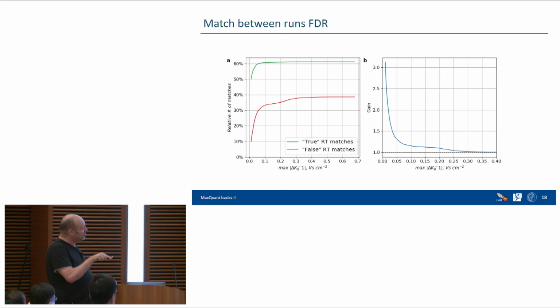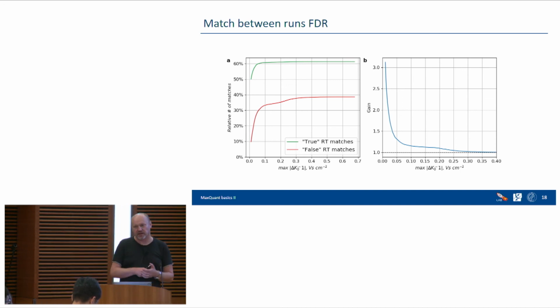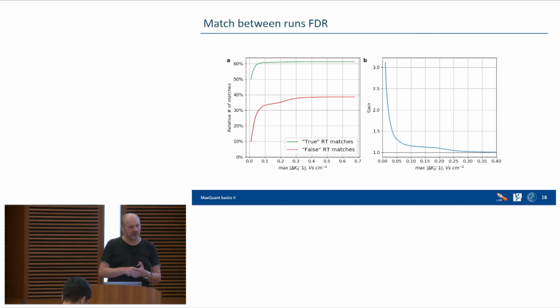And then you see with no ion mobility window or completely open, there should be no gain by definition. And then if you decrease, you see there's a threefold gain in specificity that you get from applying the collision cross-section as an additional criterion for the matching. So it's doing something good, again, not just in sensitivity, but also in specificity.